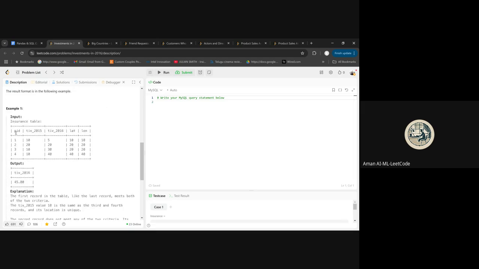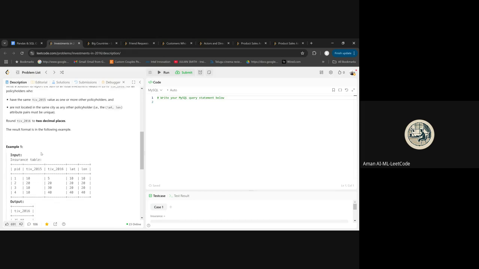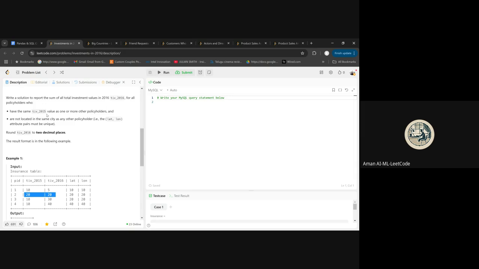For example, you have this insurance table with four policies. When you check the policy holders, for this one the total investment value for 2015 is 10, but this one is 5. This is the city. So this and this are not the same, but these two are the same.